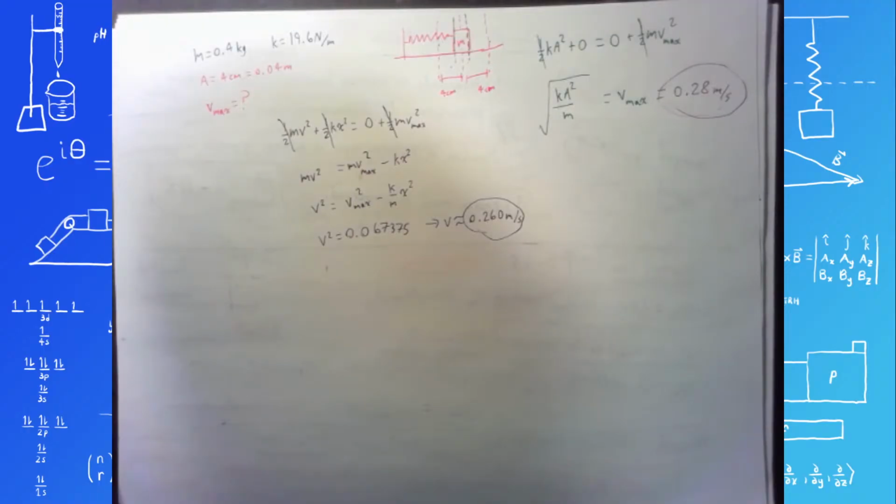All right. And then part D says, for what value of x does the speed equal 1/2 the maximum speed? Okay, so this is similar to the previous problem, actually.